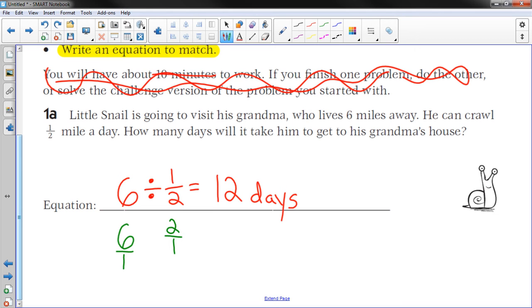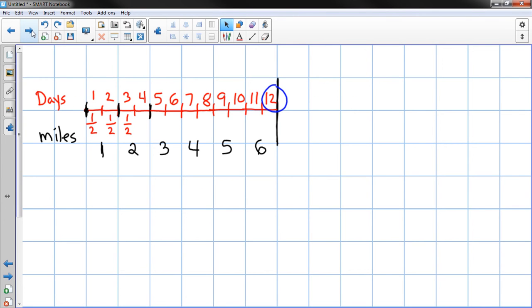Then you change the division sign to a multiplication sign. 6 times 2 is 12, and 1 times 1 on the bottom is 1. Well, 12 over 1 is the same as 12, so we don't really need that there. The visual part's the tricky part, to draw a picture, which is what I did there on the graph paper.